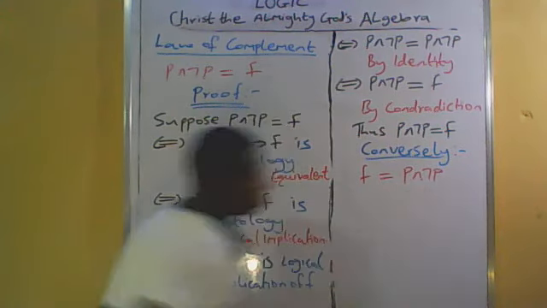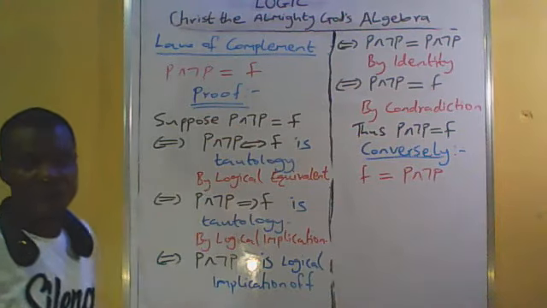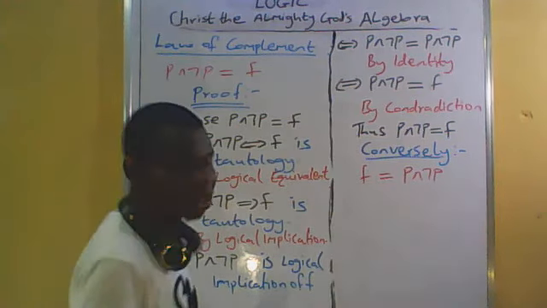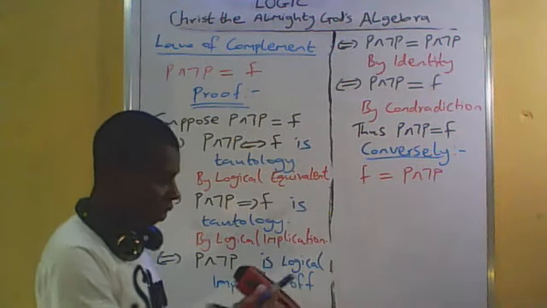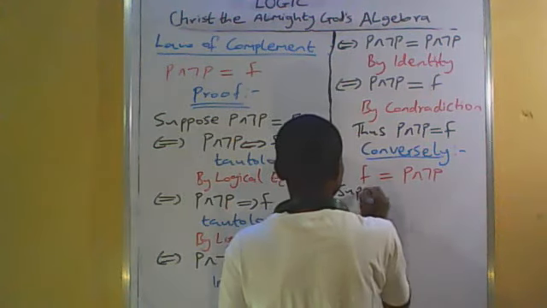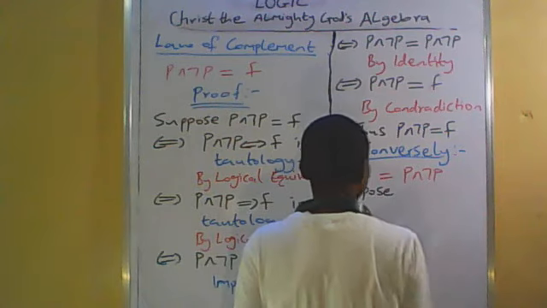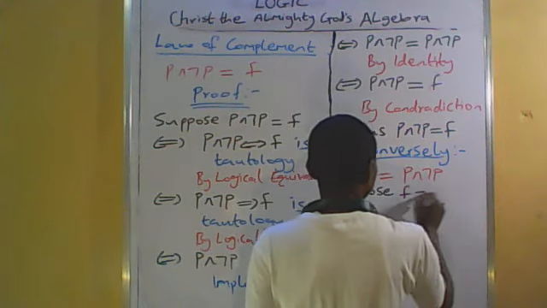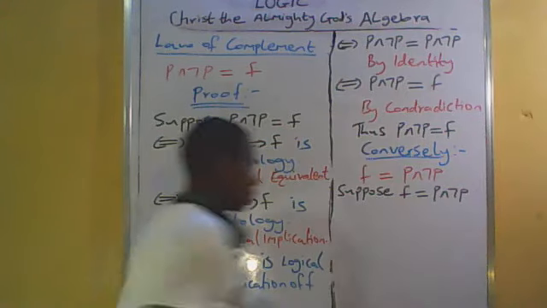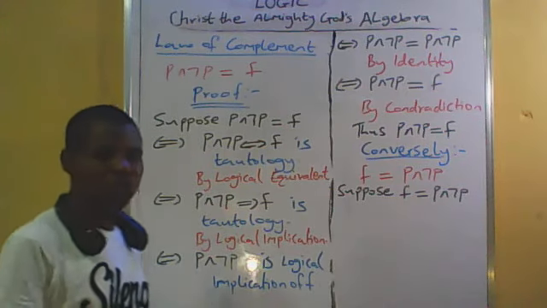We say that it is converse. Now let us prove the converse. So suppose F is equal to P and not P. We assume that the statement is true.